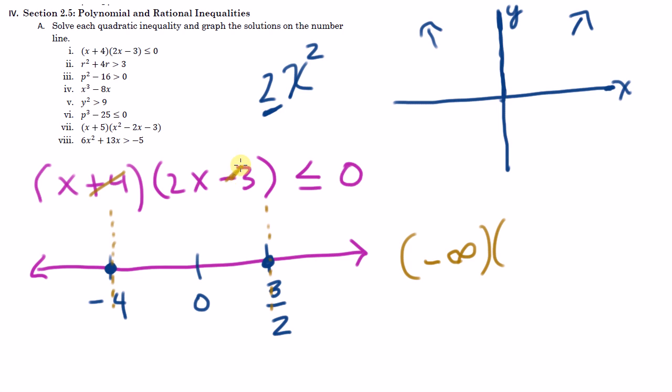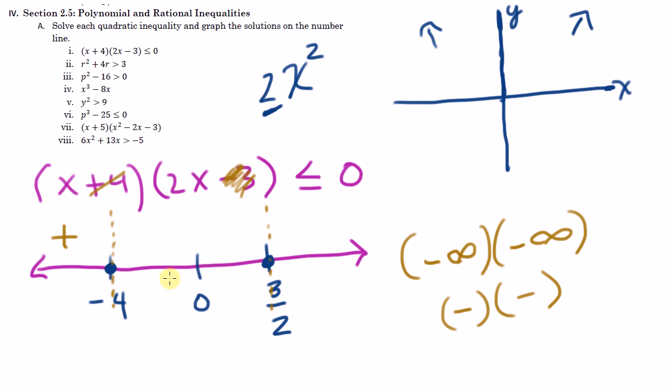I'm still going to owe you $2 million, so that can go away. This is going to be really negative, so we have a negative times a negative, and this value is going to be positive. At -4 it is 0.